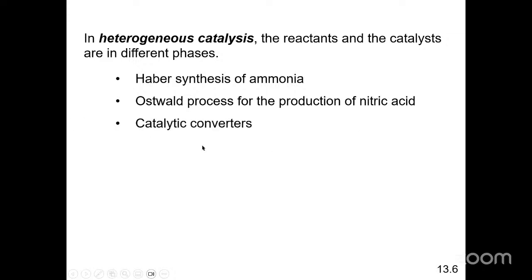Another good example, which you probably don't think of that much, is catalytic converters. These are installed in your motor vehicles nowadays so as to convert harmful gases like carbon monoxide, nitrogen monoxide and other products of the combustion of fuels into less harmful gases which you can emit into the atmosphere.